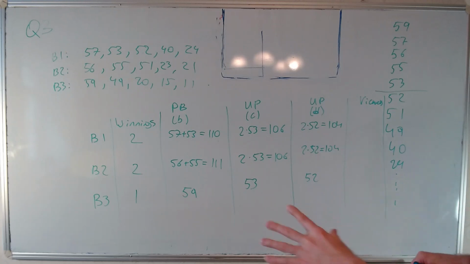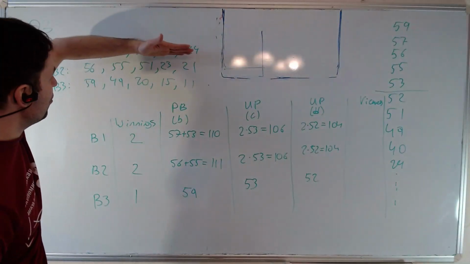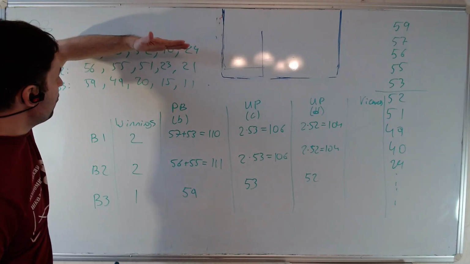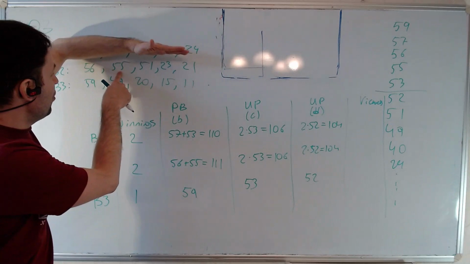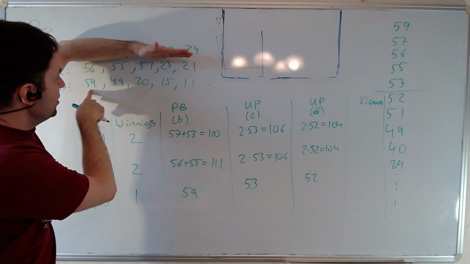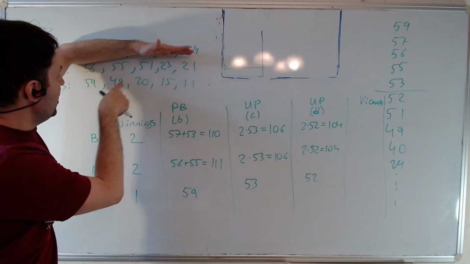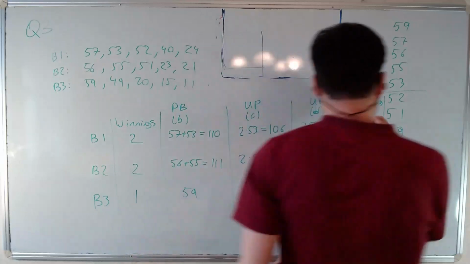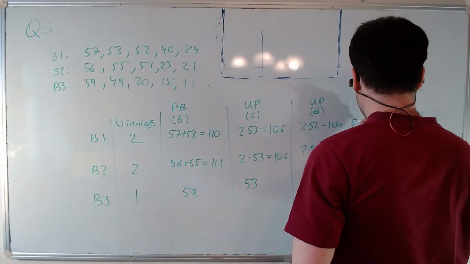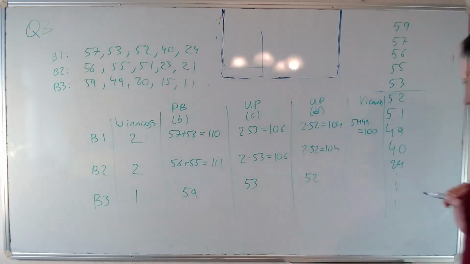For example, bidder 1 won 2 units, therefore we have to search for 2 bids that would have won if bidder 1 was eliminated. So 56, 55 won already, 59 won. If bidder 1 was not there, then in addition to this, 51 would win and 49 would win. Therefore, for bidder 1, it's 51 plus 49. That must be 100.